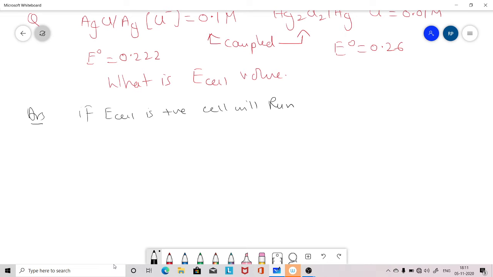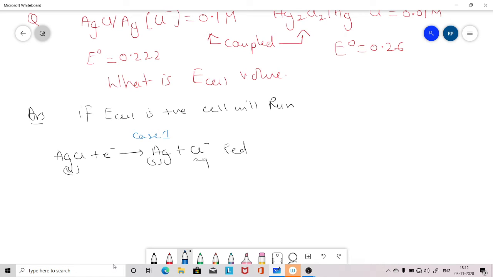Now how to solve this one? Let's take AgCl plus electron, which gets reduced to Ag solid plus chloride ion aqueous. That is the reduction. We are taking this as case 1. Then mercury, that is your calomel, is oxidized.